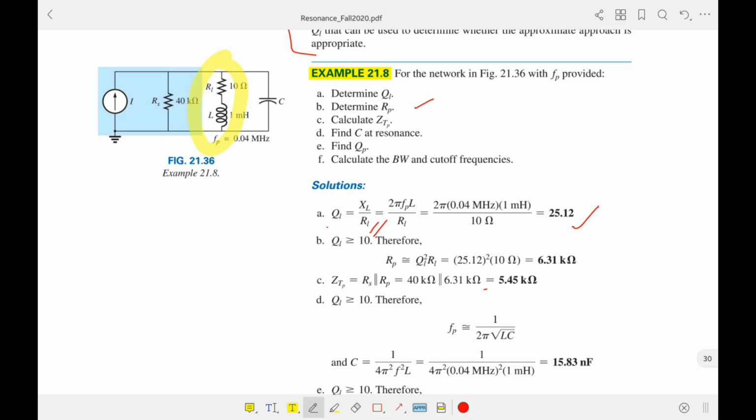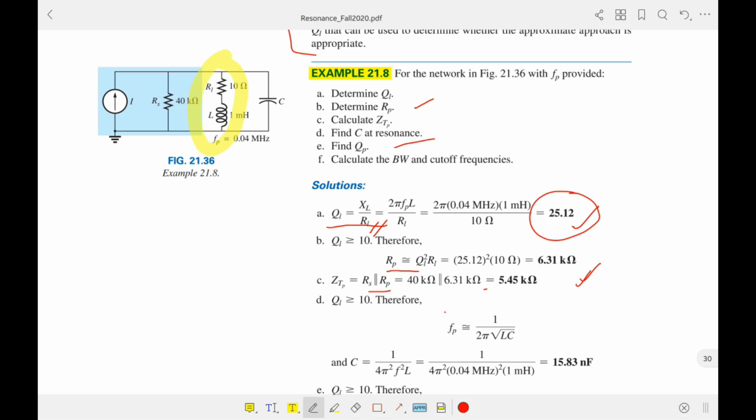In question A you already found that QL is greater than or equal to 10, so you can use the approximation. Then RP equals QL squared RL, and ZTp equals just RS parallel RP, and also find C at resonance.